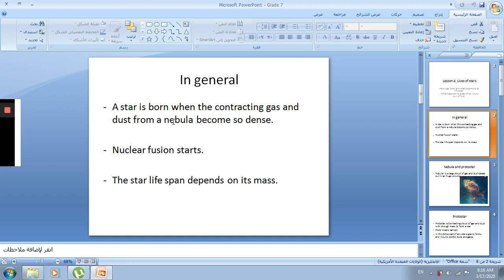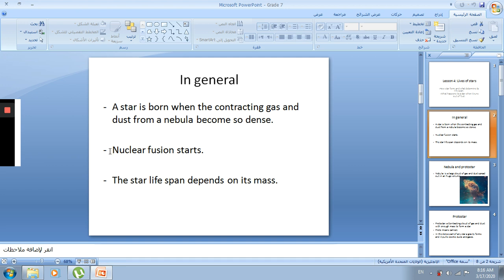A star is born when the contracting gas and dust from a nebula become so dense. A nebula is a large cloud of gas and dust spread out in a huge volume. This is the first step of forming a star.